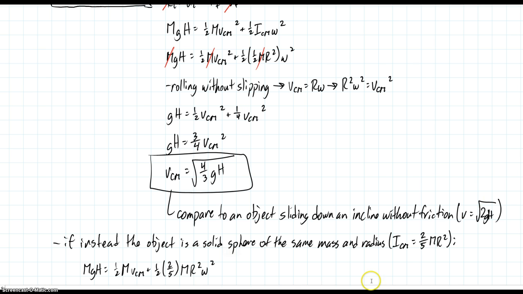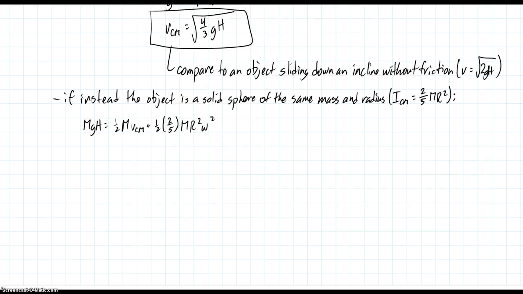So a 2/5 in this rotational term rather than another 1/2 as we had for the solid cylinder. Again, the m's cancel. R squared omega squared equals v squared.